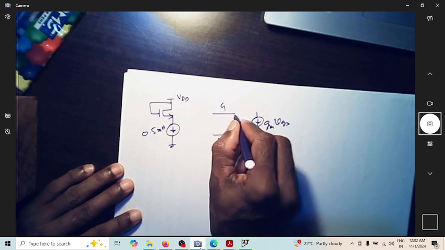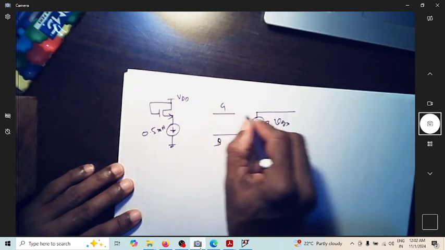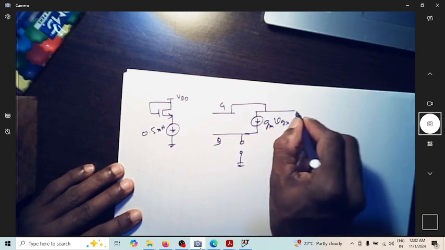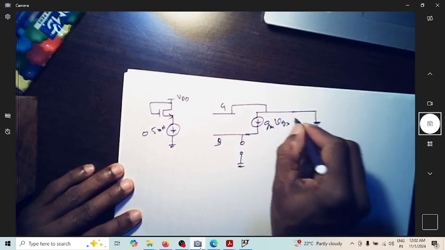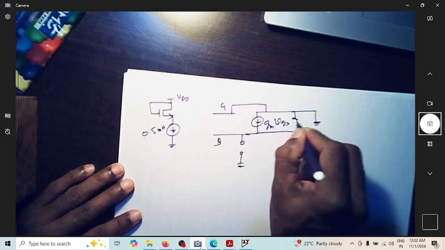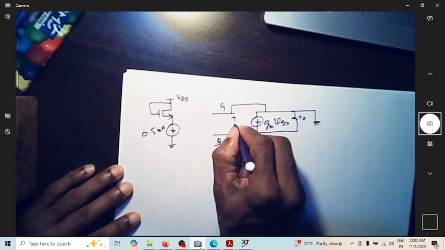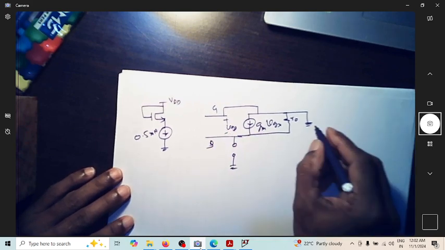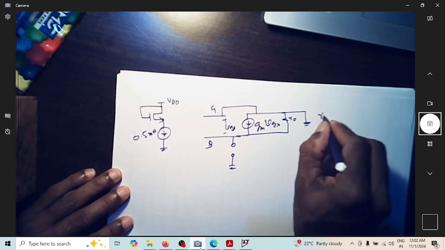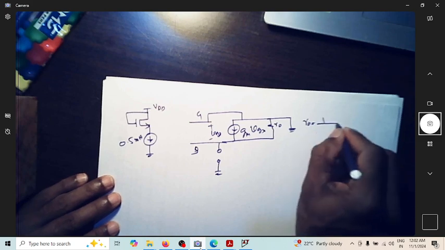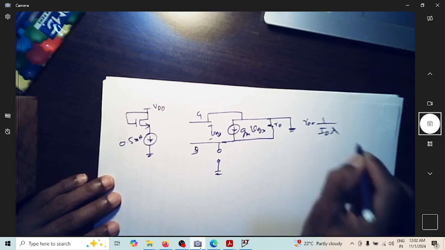This is shorted with drain, and drain is grounded, and I have an R0. This is R0 and this is plus minus VGS. So what is R0 equal to? R0 is equal to 1 over ID into lambda.